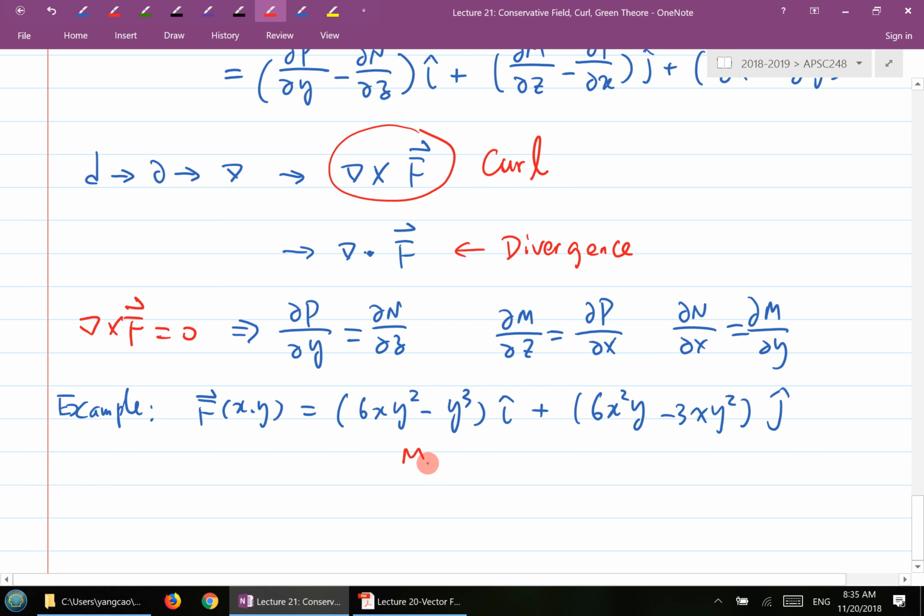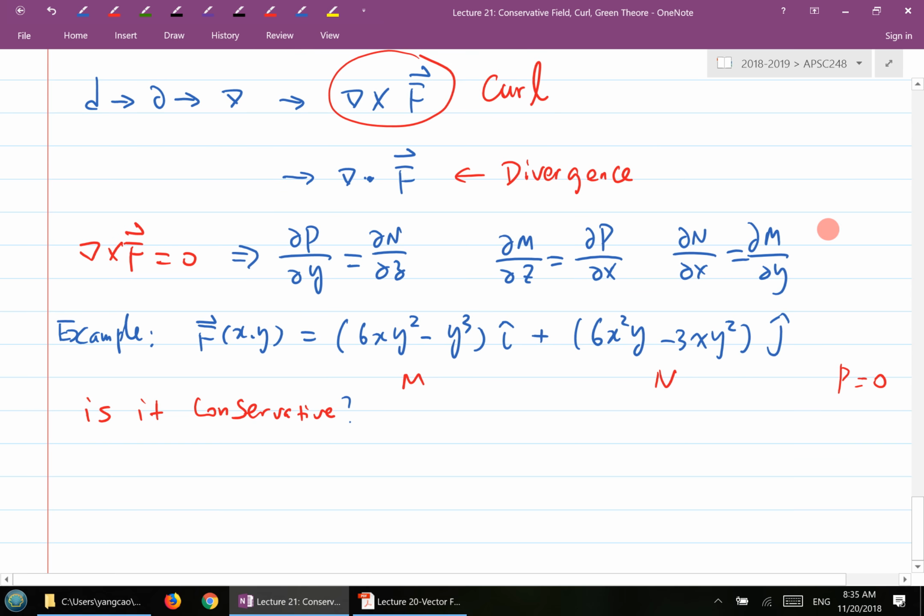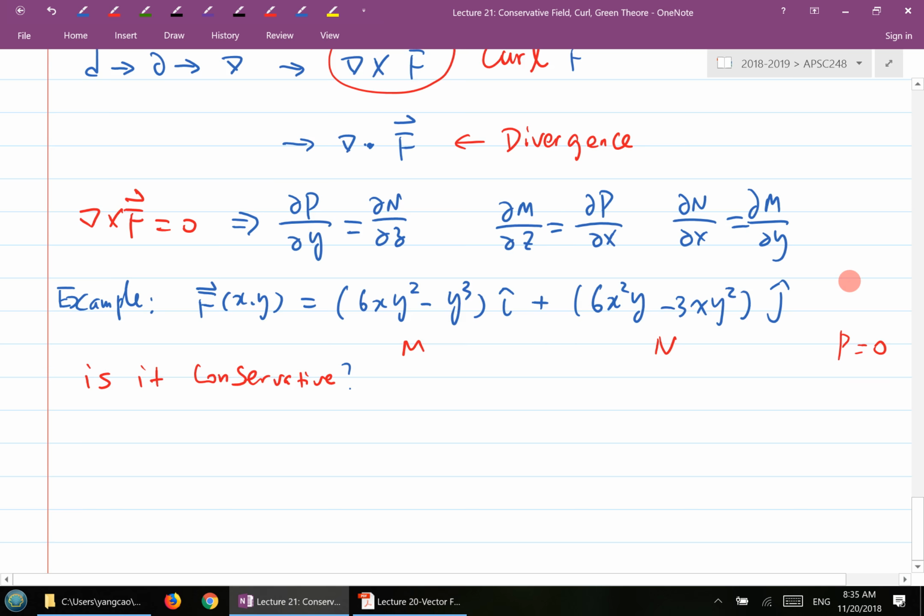Basically, your m and n are given, and p is 0 here. So the question is, is it conservative? Let's apply this del cross F, which by a different name is curl F. Let's look at whether this curl F is 0 or not.